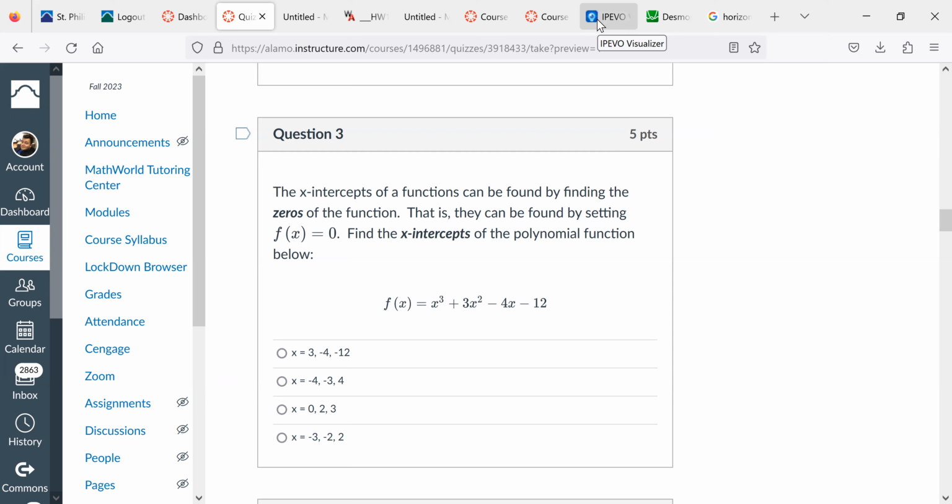The only one I can think of at the moment is using factoring or synthetic division.